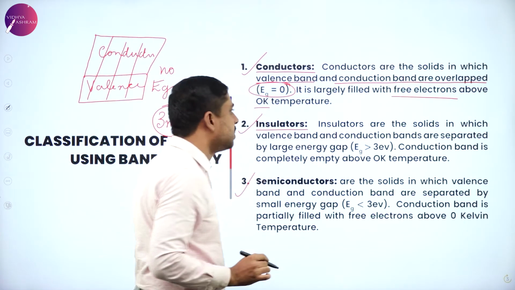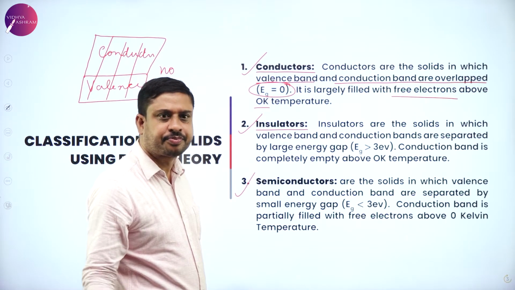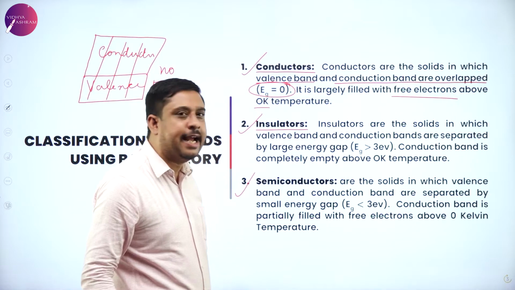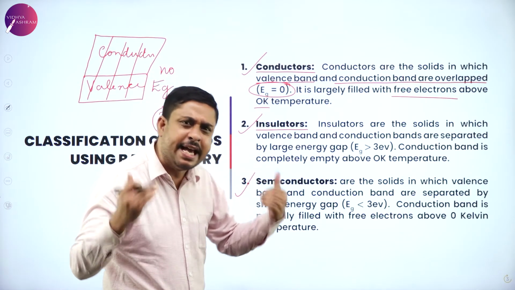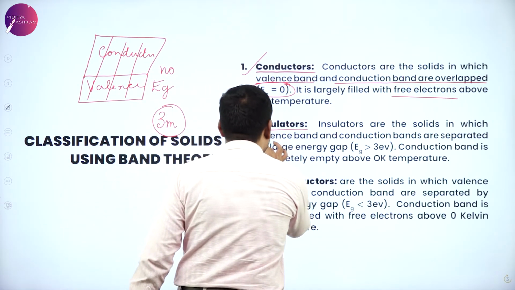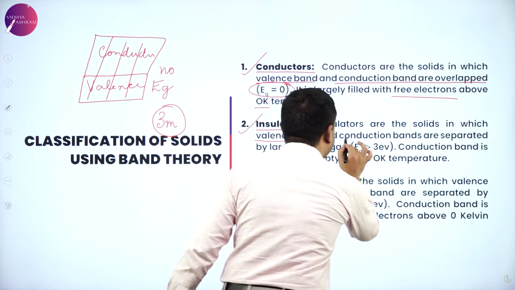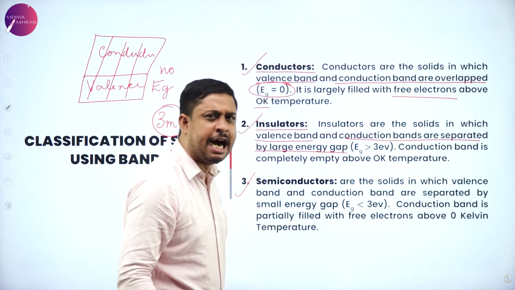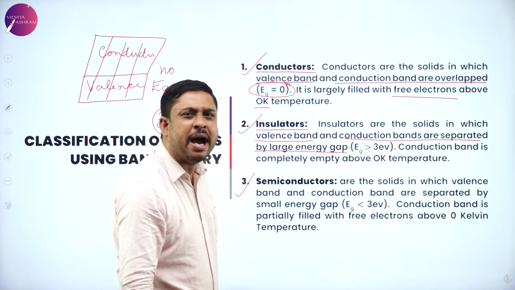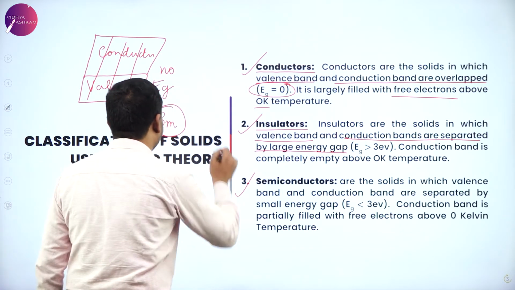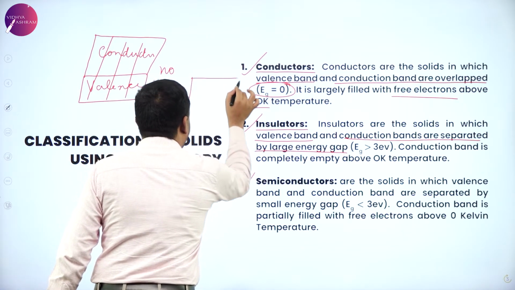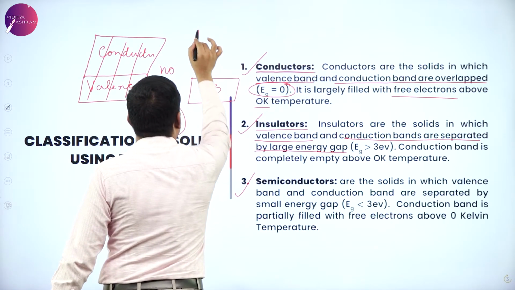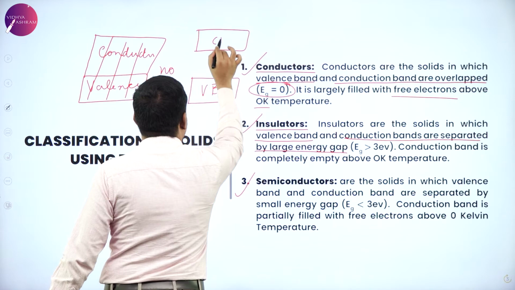Next one, insulators. Insulators are solids where very clearly valence band and conduction band are separated by a large energy gap. So according to band theory, this is the valence band, this is the conduction band.